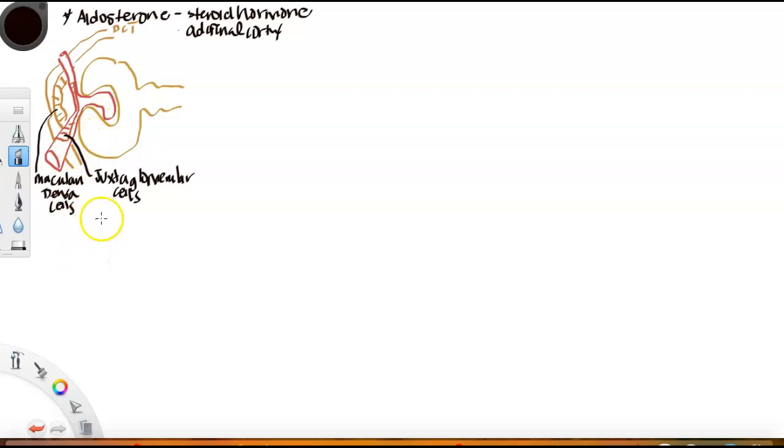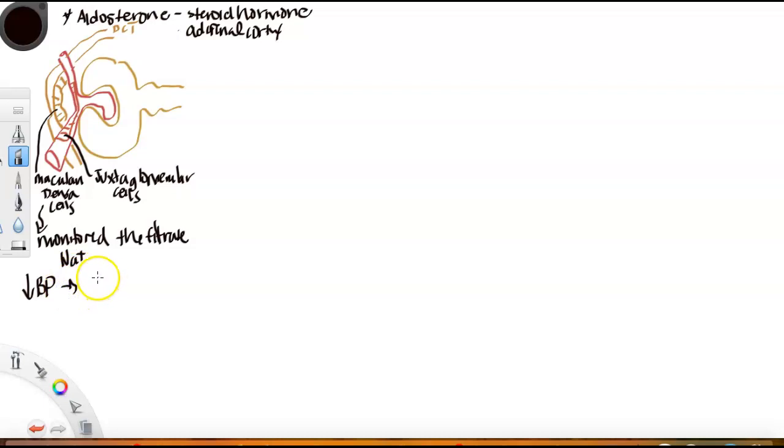And the macula densa cells, we said, monitored the filtrate. So it monitors the filtrate for sodium. So when sodium is high in the filtrate, that means it's leaving the blood. So that means blood volume is going down because water's going to follow it. Okay, so blood volume is decreasing, so blood pressure is decreasing. So this means we've got low blood pressure.